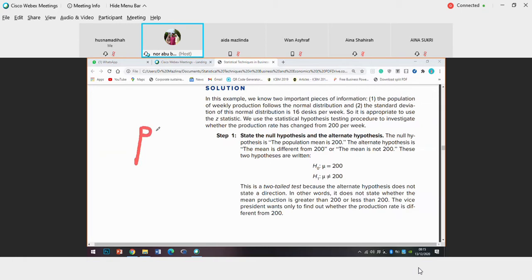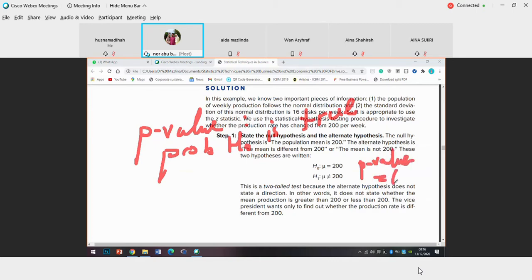Jadi awak boleh simply faham p-value adalah the probability that H0 is true. Now, awak dapat p-value sebagai p-value is equivalent to 6%. Okay, so what does it mean?